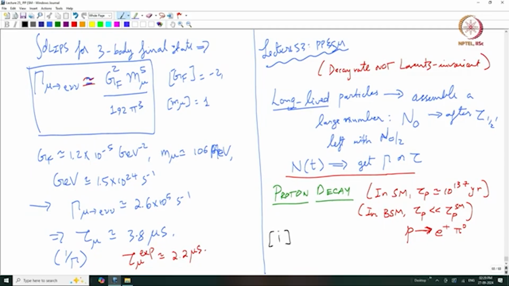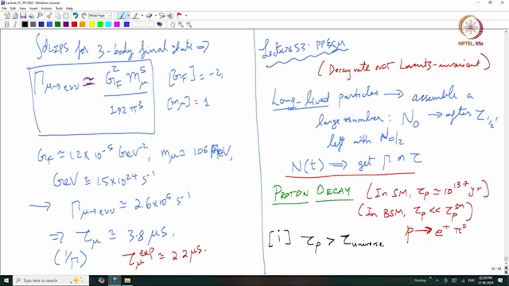Okay. If you did not know anything else about proton decay, or if you did not know anything about how experiments are set up, there is still one thing you can guess about the lifetime of the proton. It should be larger than the lifetime of the universe, right.